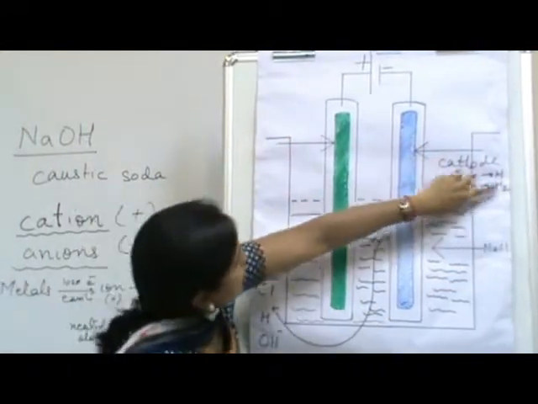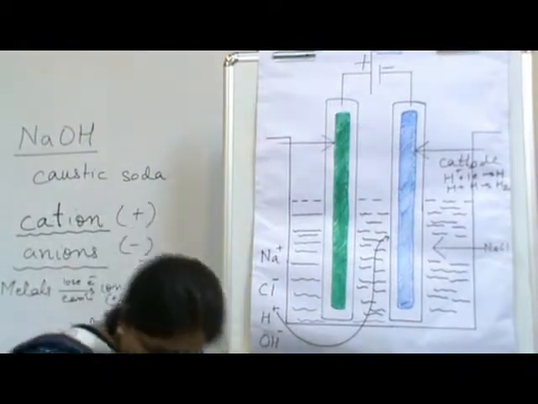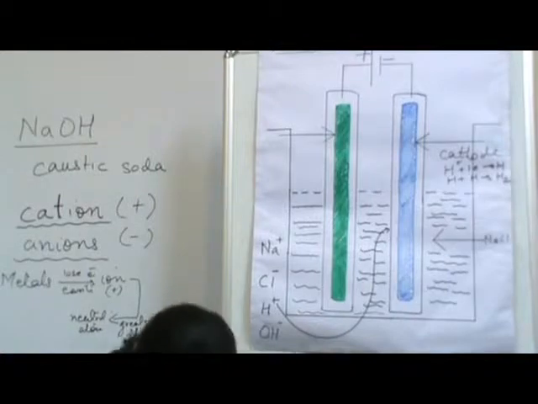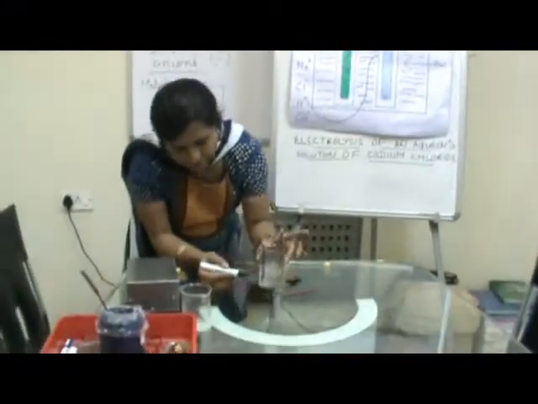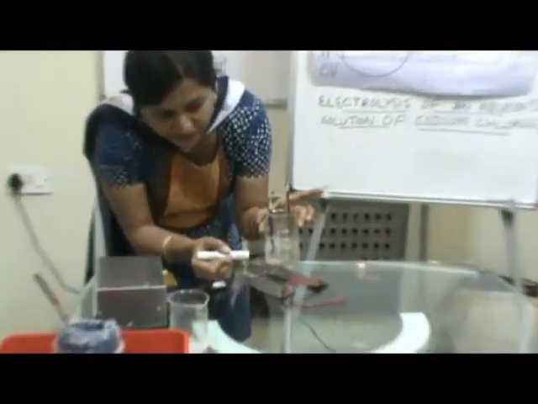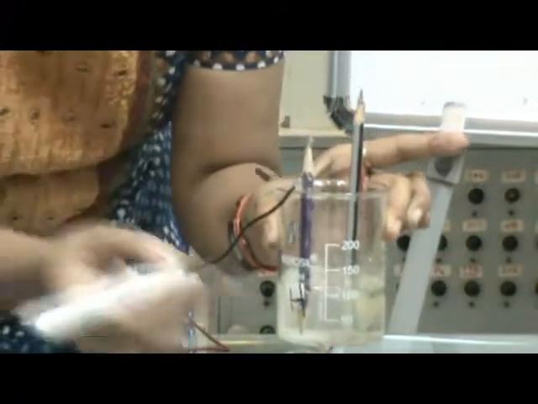So which gas do I get at this electrode? So this electrode, which is negative electrode, I get hydrogen gas. Now can you see negative electrode? This is the negative electrode. Now here near the negative electrode, the gas which I get is hydrogen gas. So here I am getting hydrogen.